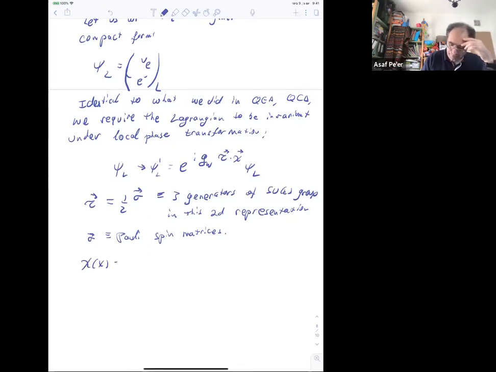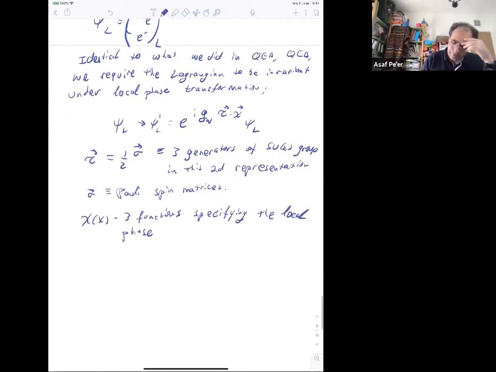Three functions specifying the local phase at each space-time point. Okay, so this is the local phase transformation.